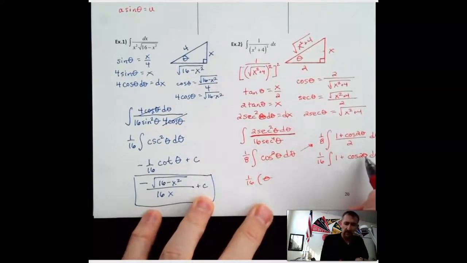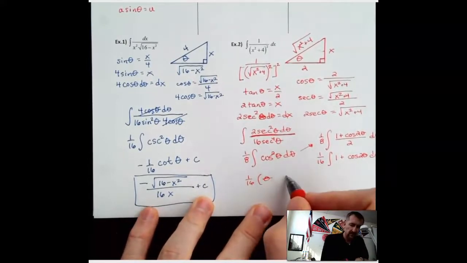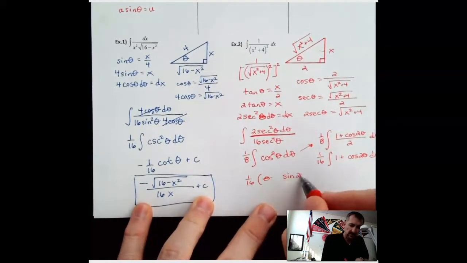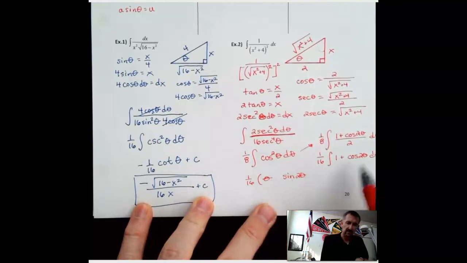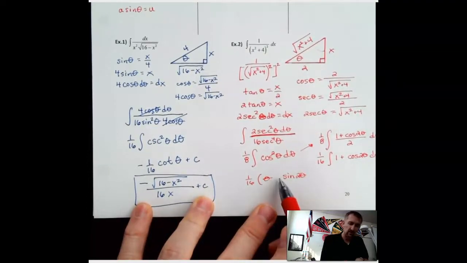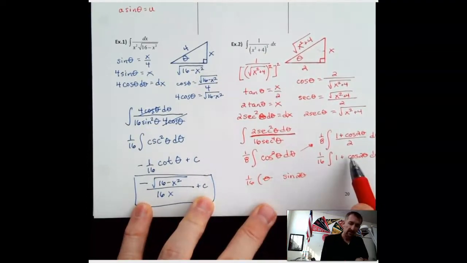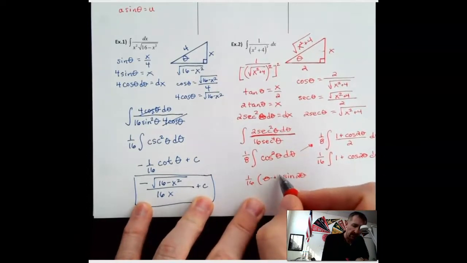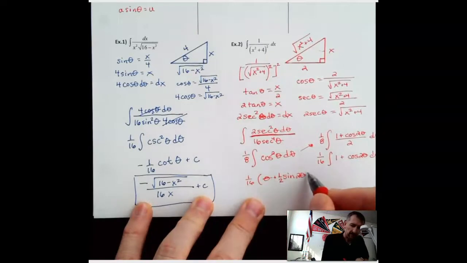Now the integral of this, we could use a u substitution. We also probably could figure it out. So we think about sine of 2 theta. The derivative of sine of 2 theta is cosine 2 theta times 2. So we don't have that 2 on there, so we're going to need a 1/2 to handle that.